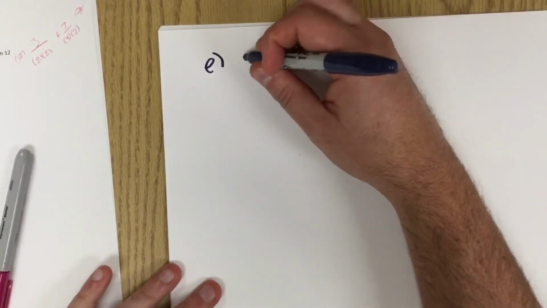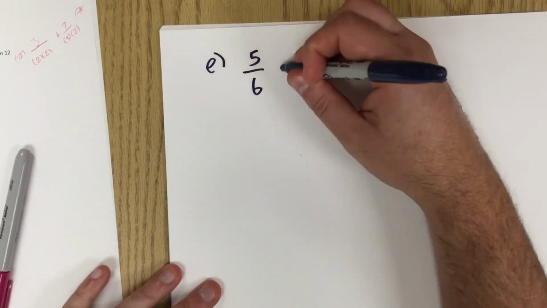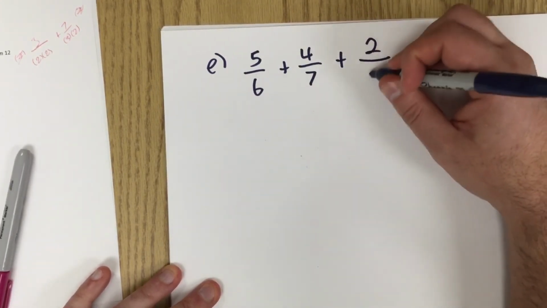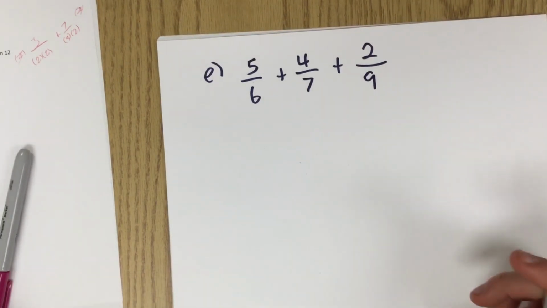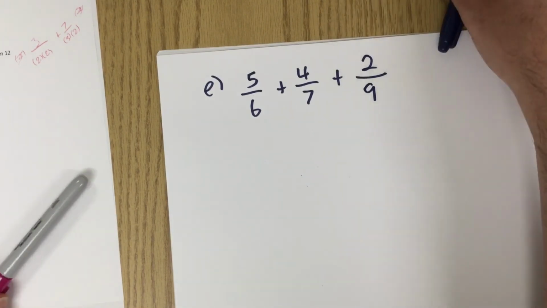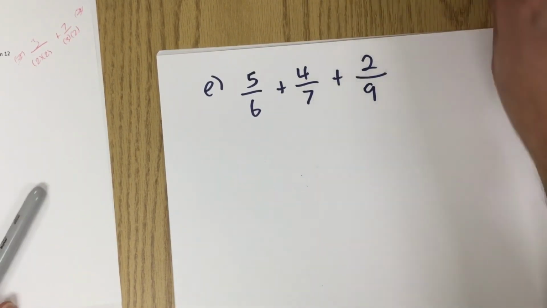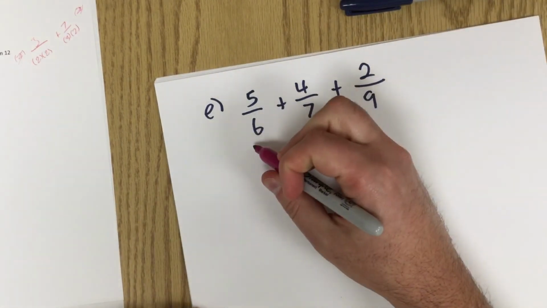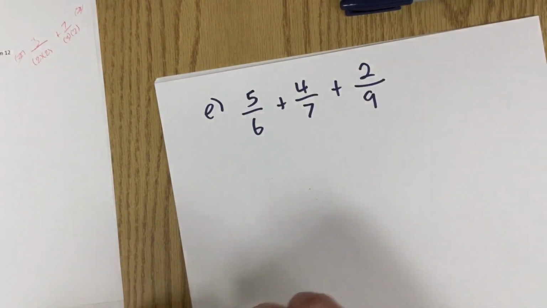E. 5 over 6 plus 4 over 7 plus 2 over 9. Not much to do here, so we're going to multiply. We have to find the least common multiple, so we're going to have to multiply. This is 6, we have a 9. I'm just going to multiply by all of them.